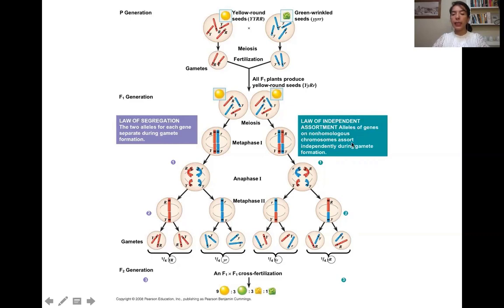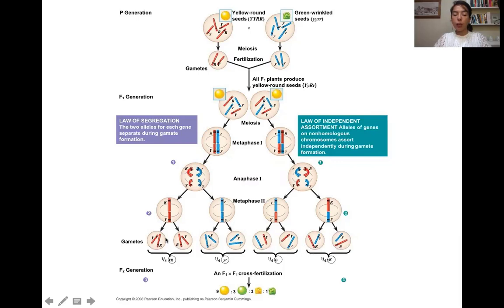In this case, it is saying that big R and little r are going to be independently assorted with respect to big Y and little y, such that you could have gametes that have big R and little y, or little r and big Y, or any of these possible combinations, which are 4 different combinations.